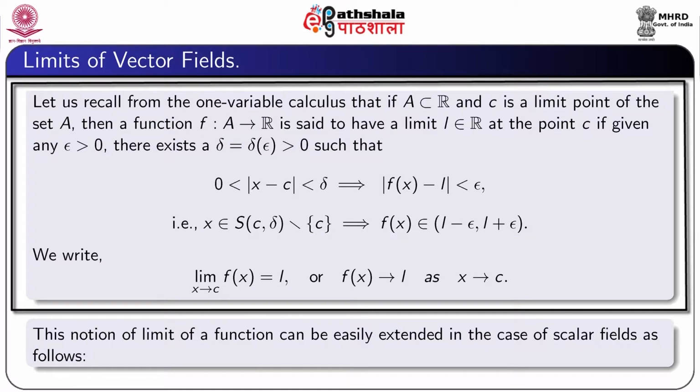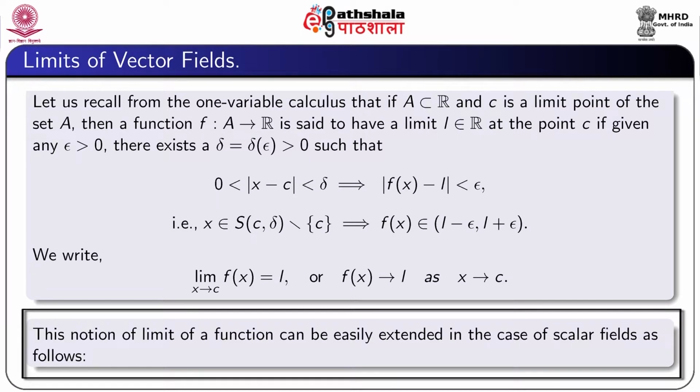In such case, we write limit of f(x) as x approaches c is L, or f(x) tends to L as x tends to c. This notion of limit of a function of one variable can easily be extended to the case of scalar fields as follows.